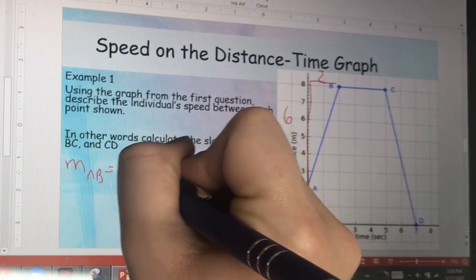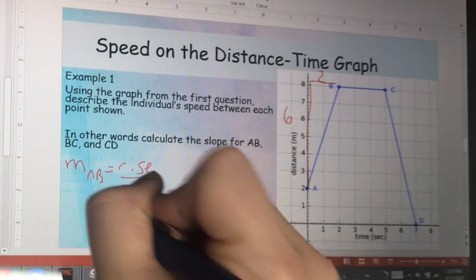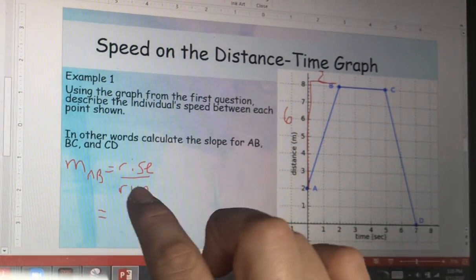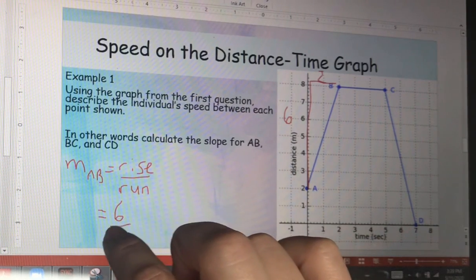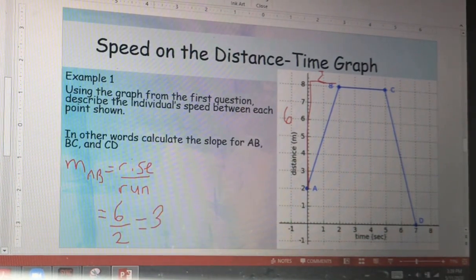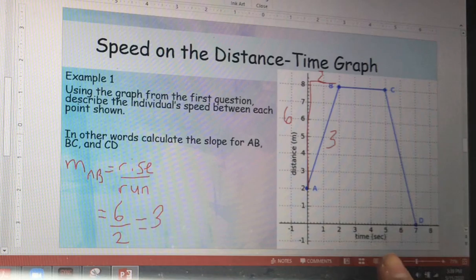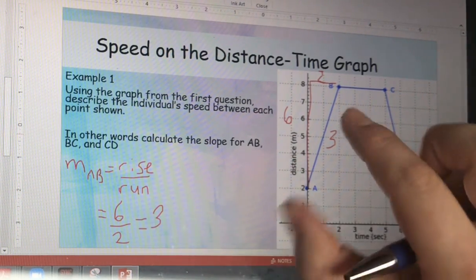So it's rise over run, and that gives us 6 over 2, which equals 3. Sorry, I don't have that much space. So my speed here is 3 meters per second.